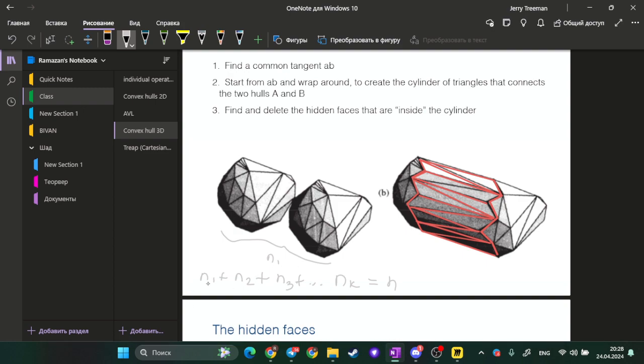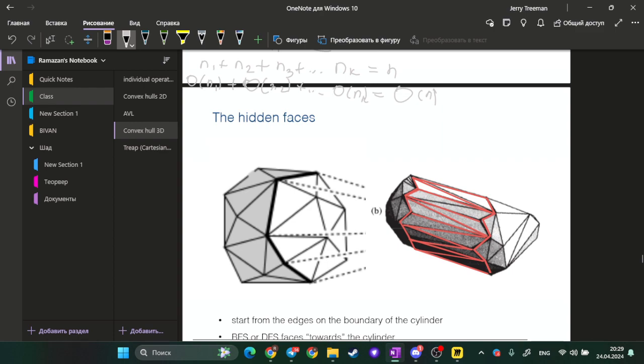On each step, we wrap two convex hulls only in O(n) complexity, so per layer we get O(n) complexity. We have log n layers, and that's why we get O(n log n) complexity.